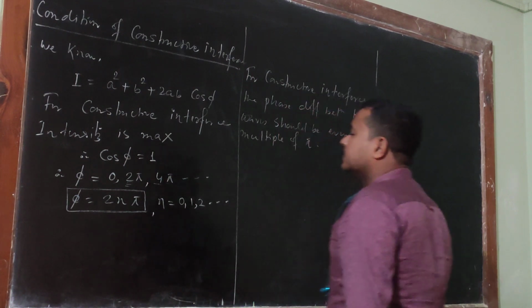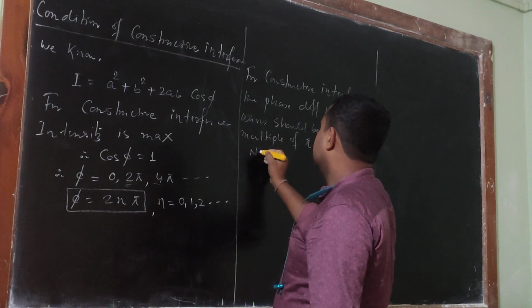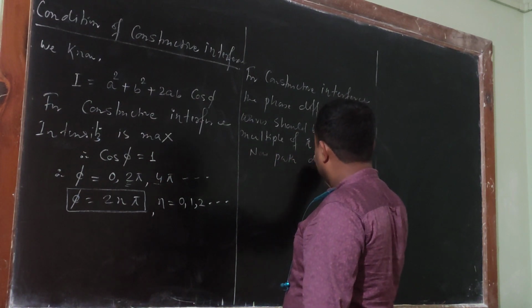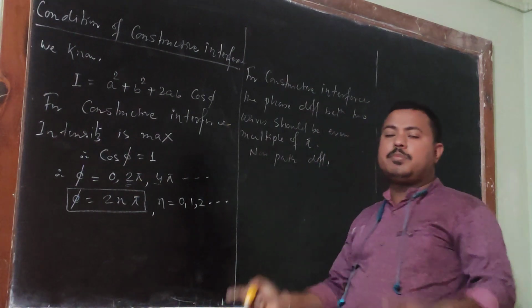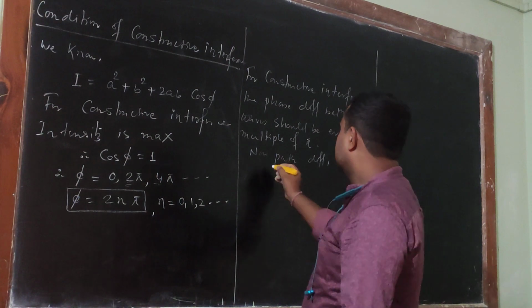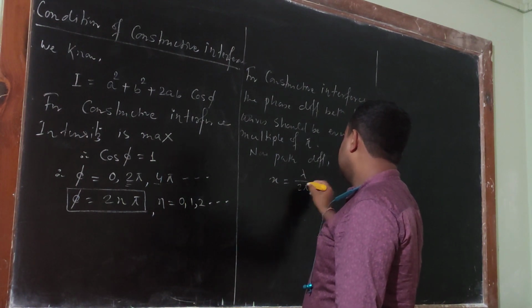Okay. Now you can find the path difference. I have given you the formula between path difference and phase difference in the wave chapter. Now use that formula. We know path difference is equal to lambda by 2 pi into phase difference.